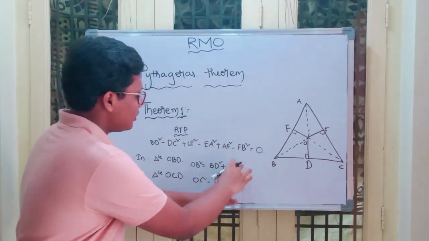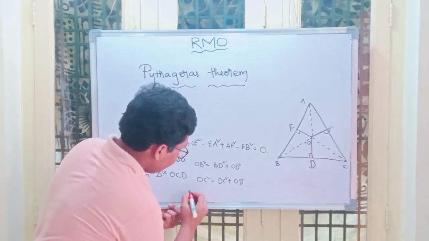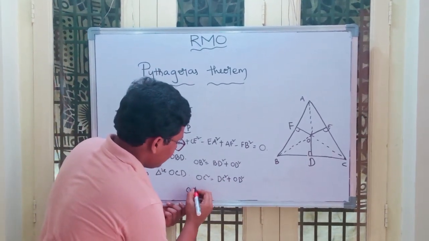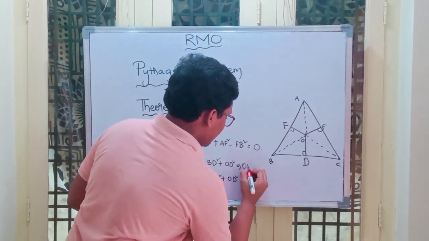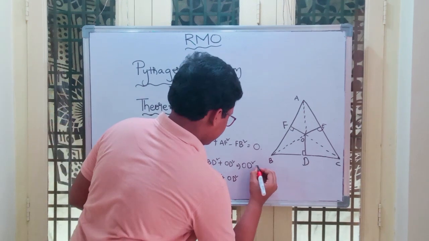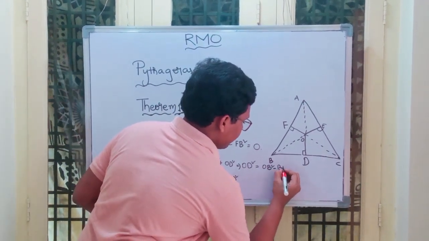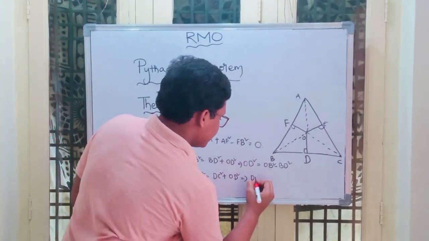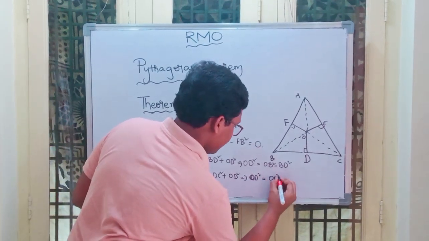In these two triangles, OD square is the common side. So, we will equate that OD square. In this first equation, OD square is equal to OB square minus BD square. And from this, OD square is equal to OC square minus DC square.